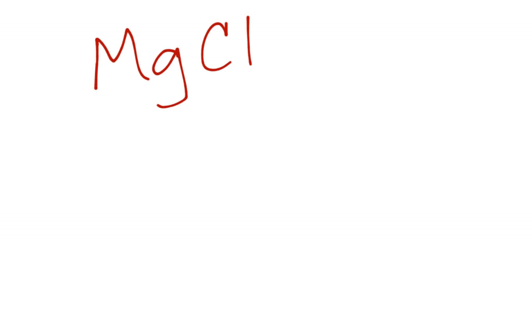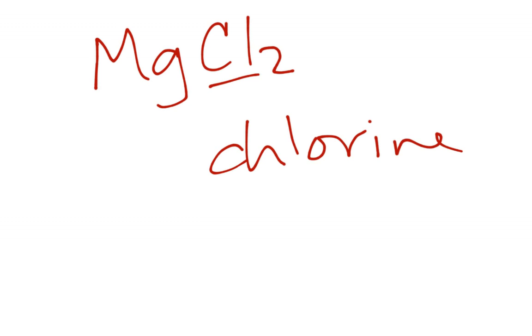Okay, so we're going to switch this up a little bit. We're going to go MgCl2 to make it a little bit simpler. We'll come back to the OH thing in just a bit. But this is chlorine. We've looked at it, we've played with it, we eat it every day, when it is part of our salt. Don't eat just chlorine, that's bad for you. But when you are talking about a compound, the non-metal changes its name.